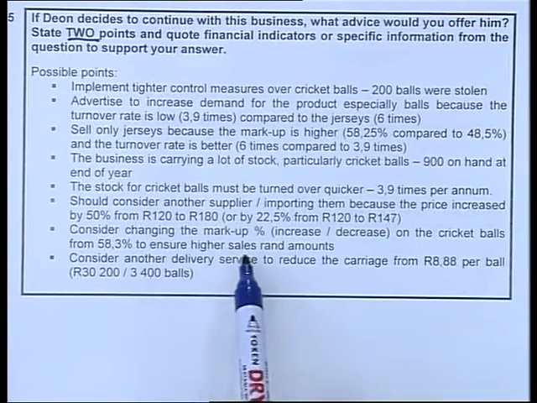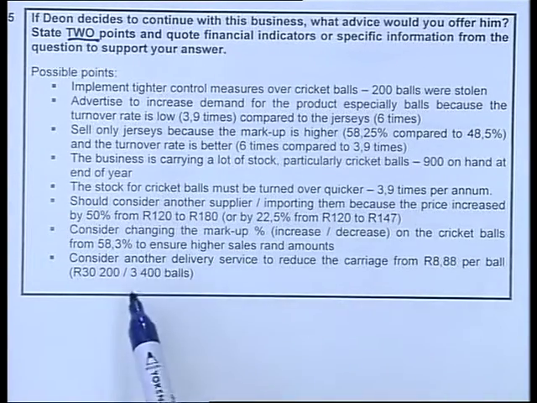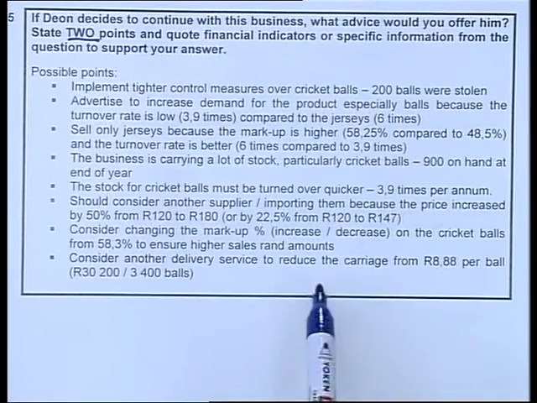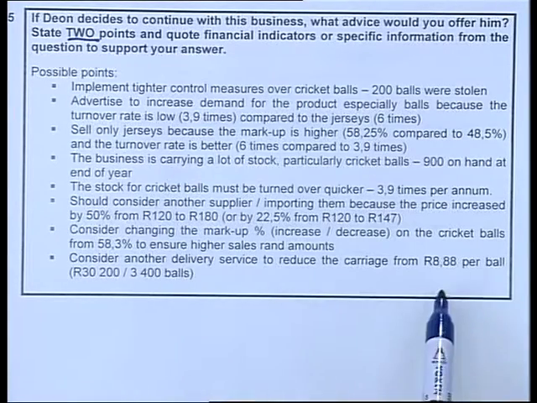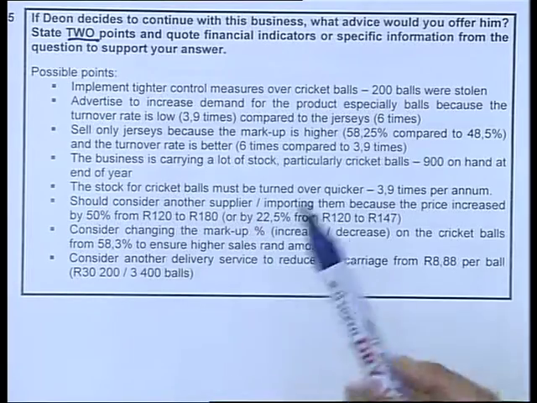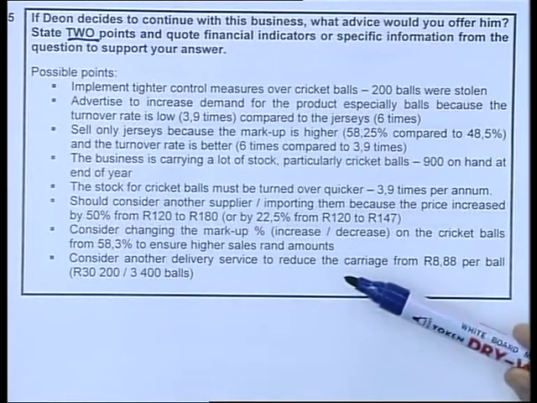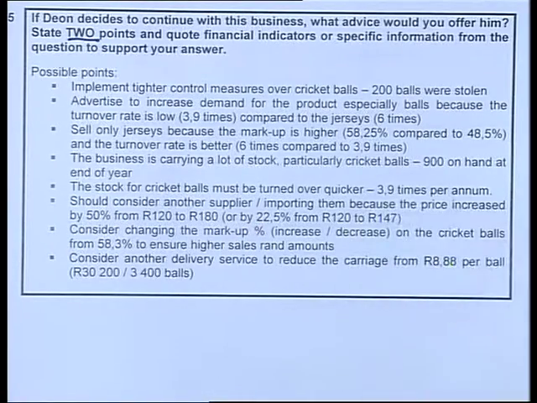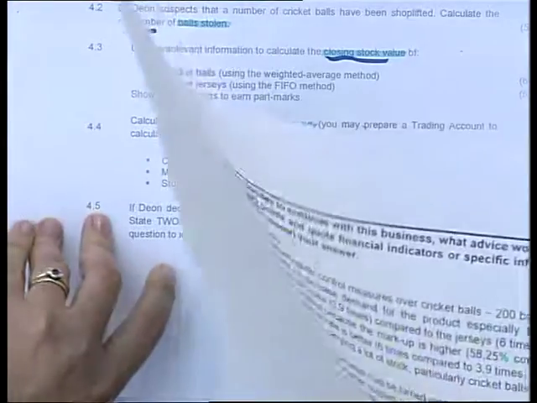Consider changing the markup on the cricket balls to ensure higher sales, in other words, to make it a bit cheaper. Consider another delivery service to reduce the carriage from 8,88 per ball. Do you see, every time they say something, they quote a figure, an amount. Okay, so it's very important when they say that you quote figures. Okay, so that was question 4.